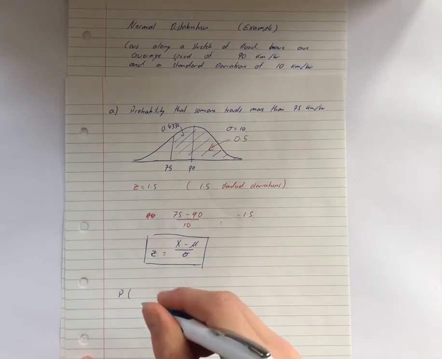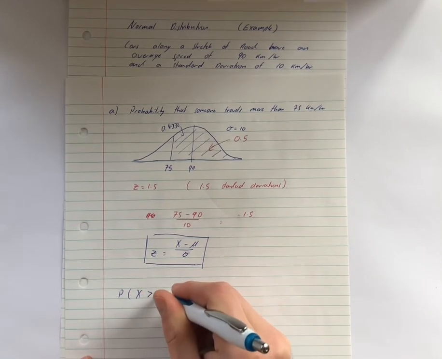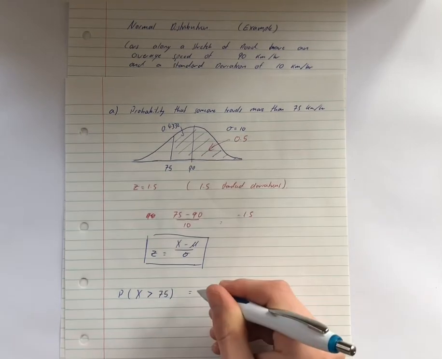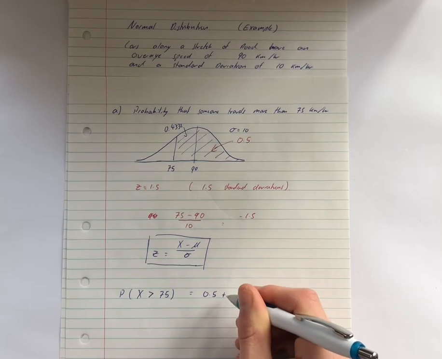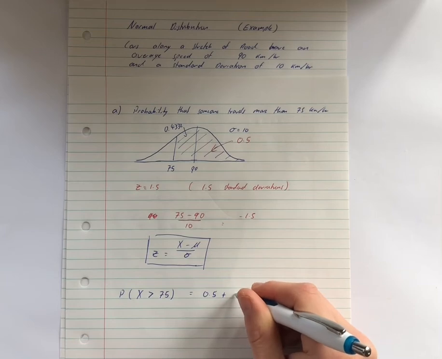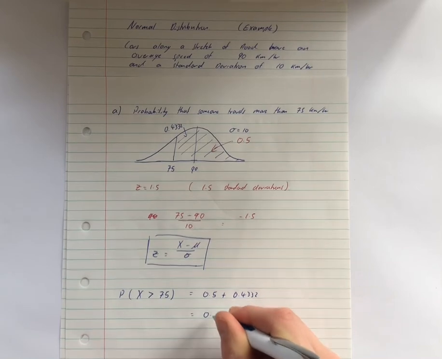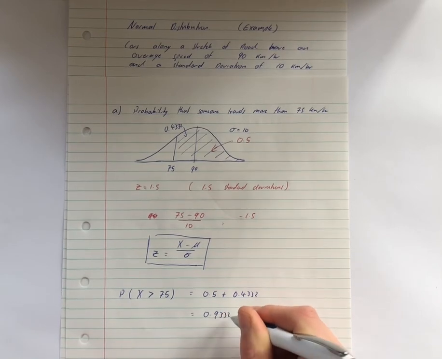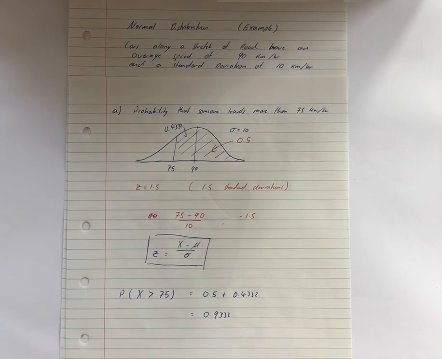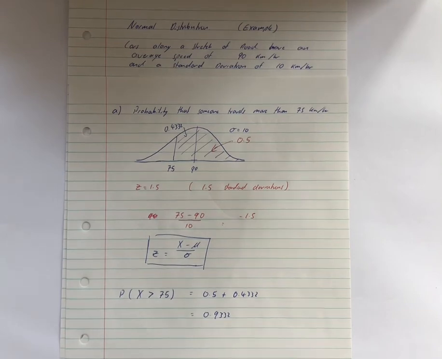So the probability of someone, say x, travelling more than 75 kilometers per hour is the 0.5 plus the probability we found in here using our normal distribution, plus 0.4332. So there's 0.9332. 93.32% of the cars on the road are travelling, on this particular stretch, more than 75. Hopefully that makes sense.